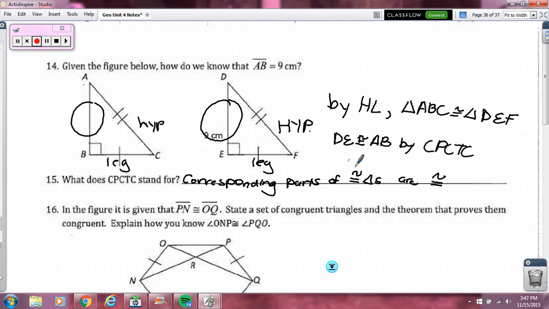I'm abbreviating a little bit. Alrighty, so we knew the triangles are congruent, so that means all their matching parts have to be congruent. So since DE is 9, then AB is also going to be 9 centimeters.